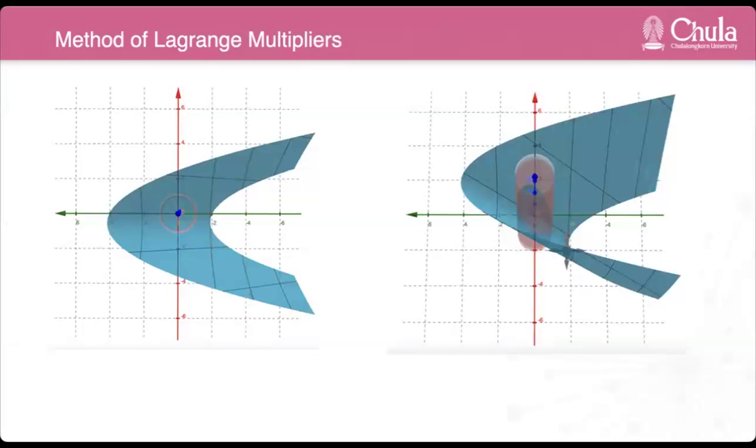Okay, you can see from here. If I move it into 2 dimensions, say x and y, then the feasible region is only on this circumference of the circle.